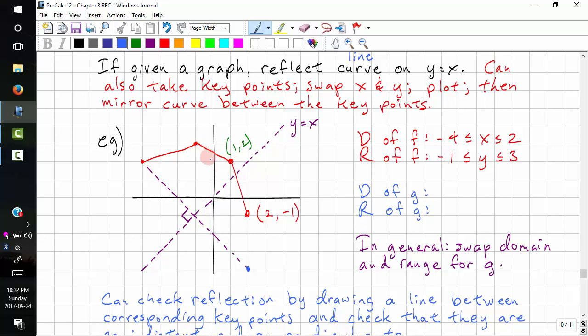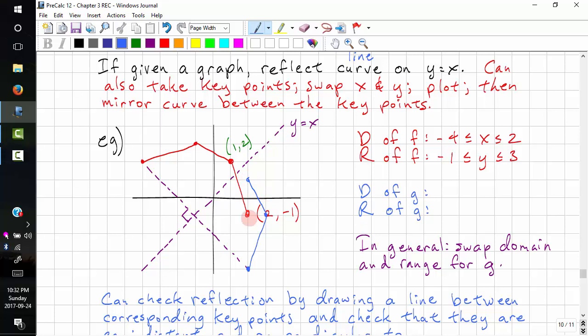Let's do this point. This is negative 1, 3. So we do 3, negative 1. And we should join these points because we have a lot of points and it might get confusing. This next point is 1, 2, so we plot at 2, 1. And again, join the points.